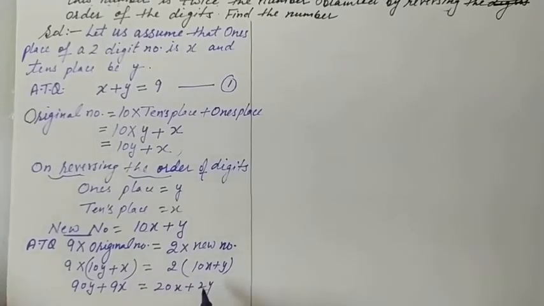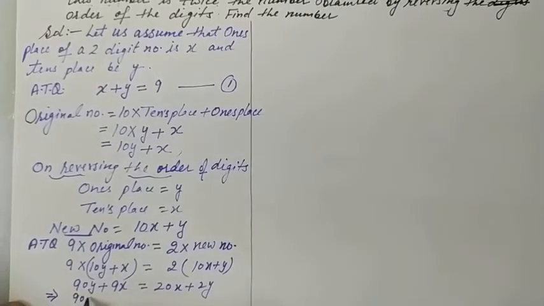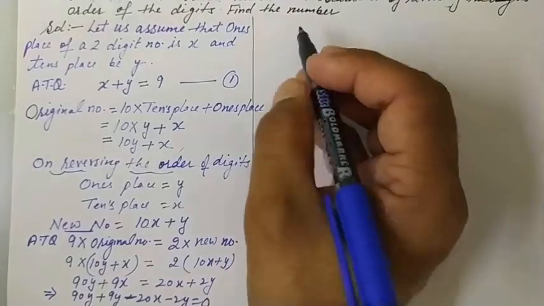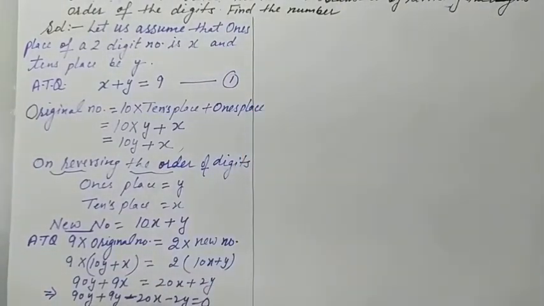So we'll bring all these terms to the left hand side. So it will be 90y, and 20x becomes minus 20x, then minus 2y is equal to 0. Let's see. First of all we'll write the x terms. Something is wrong here: it is x, sorry.